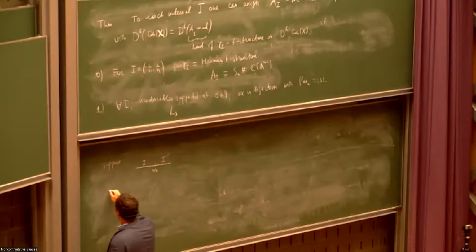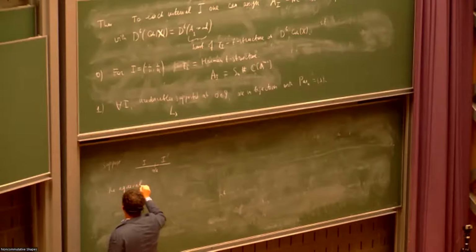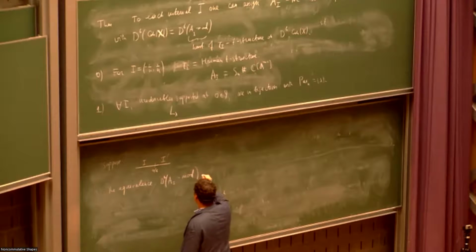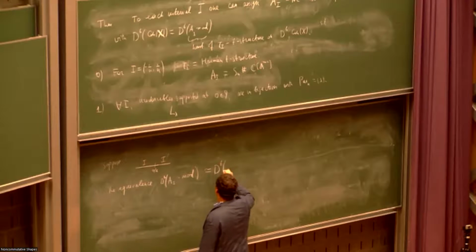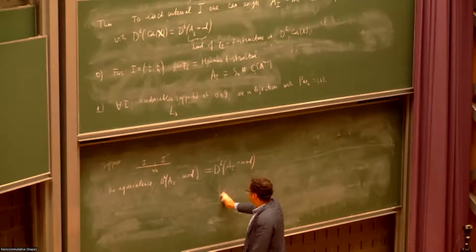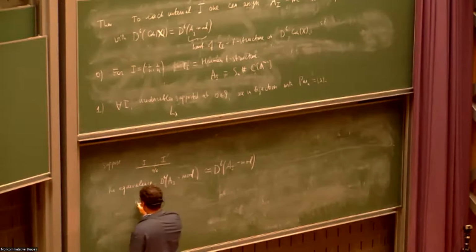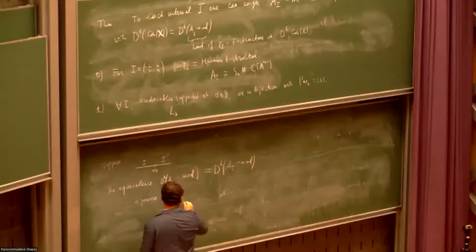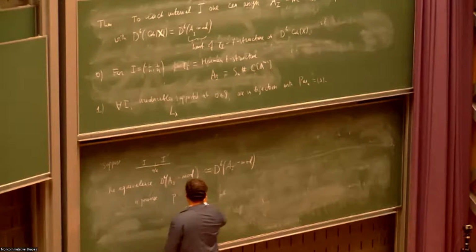Then the derived equivalence, built into what I've just said, is perverse, where the perversity function sends lambda to the following.